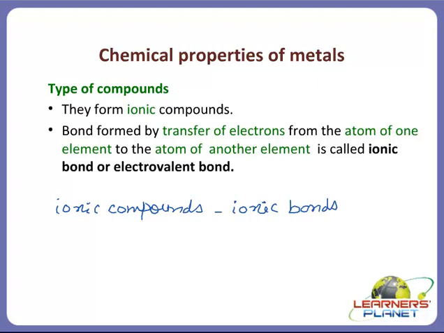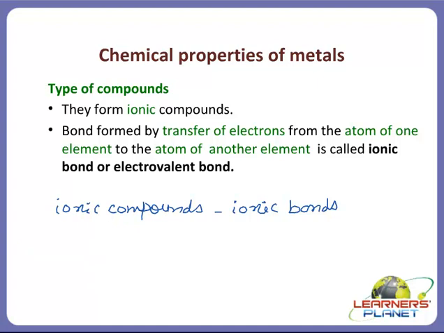Now, how are these ionic bonds formed? The bond formed by transfer of electrons from the atom of an element to the atom of another element is called ionic bond or electrovalent bond. I'll elaborate this with an example.